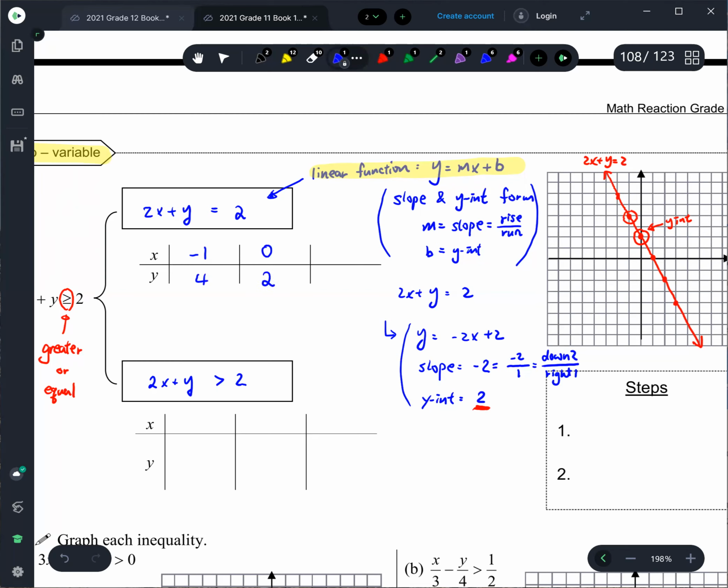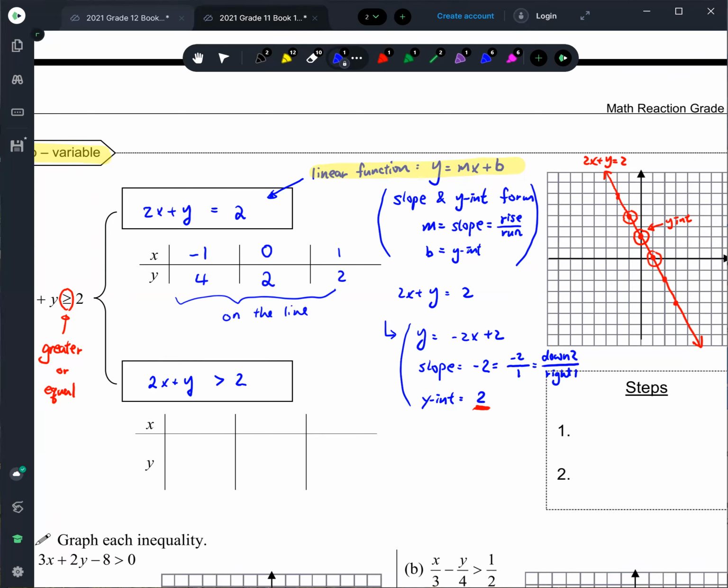And then let's pick another one, this one, that's 1, 0. All these points are underlined. Please write it down, and you can circle those points on the graph as well.